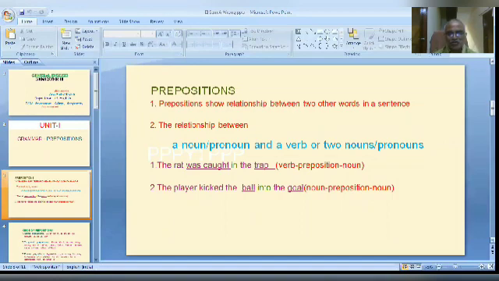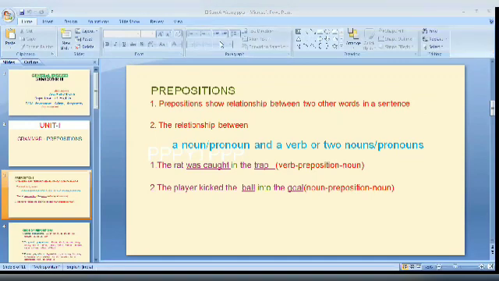Here we have two important points to understand about prepositions. The first point tells us that prepositions generally show the relationship between two other words in a sentence.